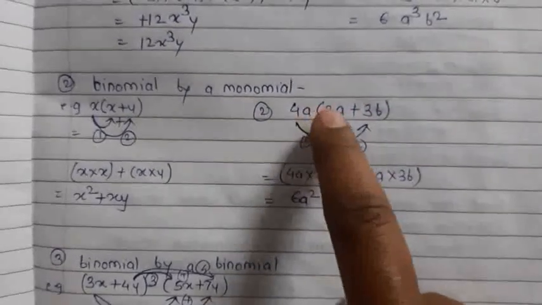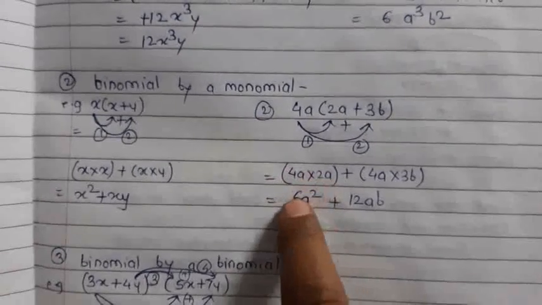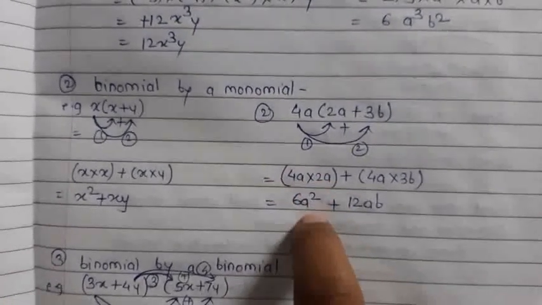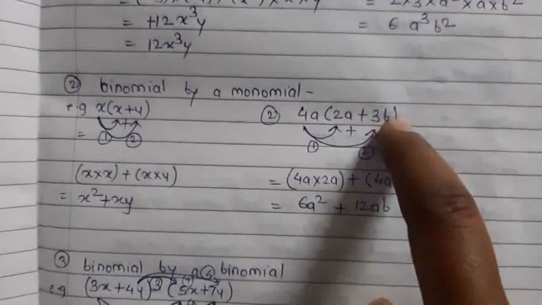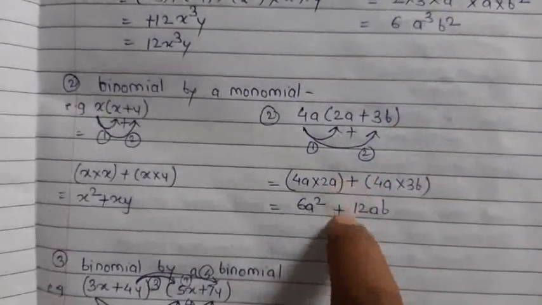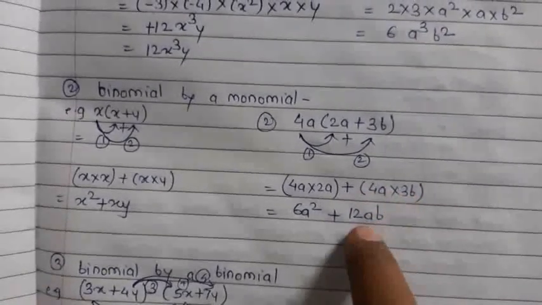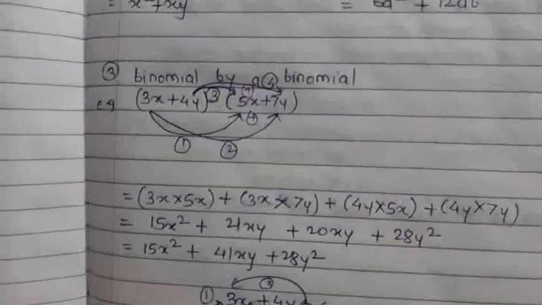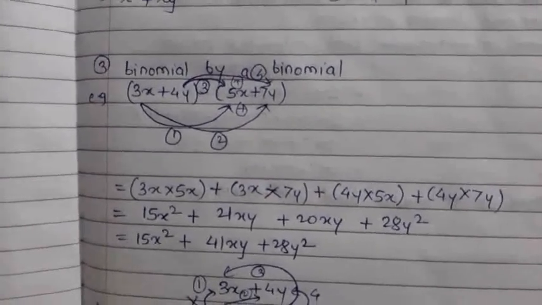So it will be 4a into 2a, that is 4 into 2 is 8 and a into a is a square. Like that 4a into 3b, plus sign, 4 into 3 is 12 and a into b is ab. So 12ab.